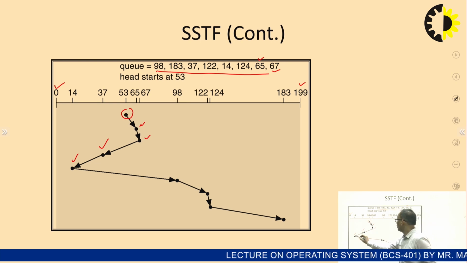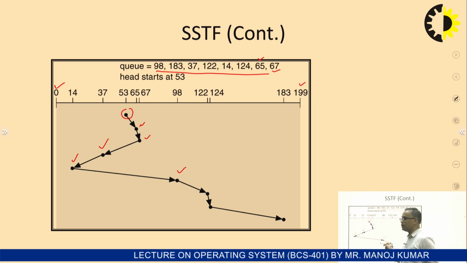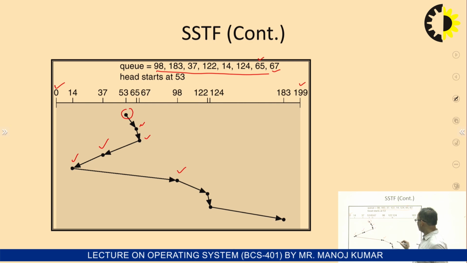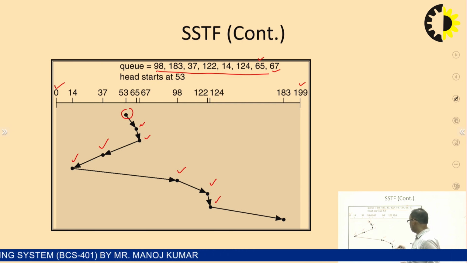So from 14 the nearest request is 98. So it will move to the 98 and service the request. After 98 it will move to 122 because 122 is nearest to 98. After 122 it will go to 124, and after 124 it will go to 183.